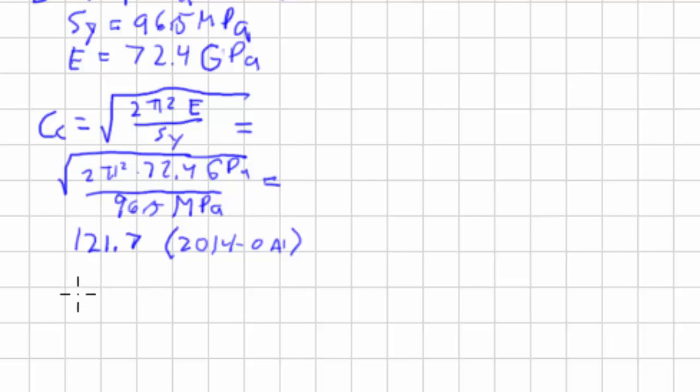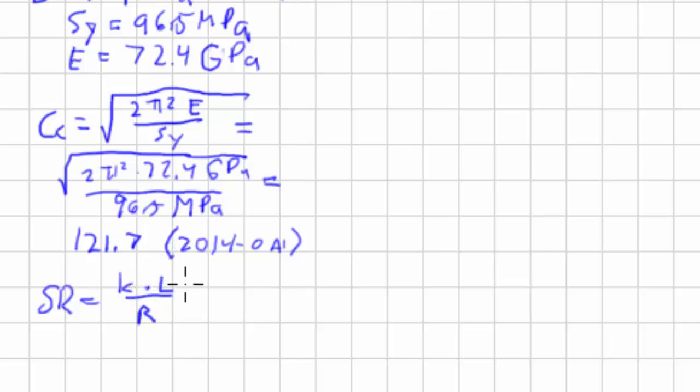Okay, so each column constant is going to be associated with a particular type of material. A couple other formulas we're going to use is we're going to compare the column constant to the slenderness ratio. The slenderness ratio is K times L over R, and K is the fixity factor. We're going to talk about that in a second.